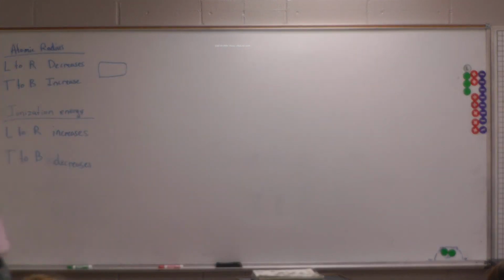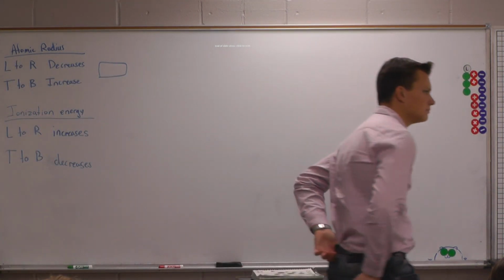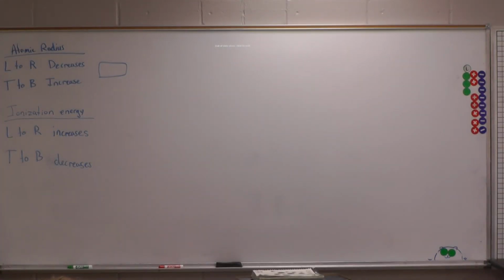Fluorine would have a strong electron affinity because, one, it only needs one to complete its full octet, and two, its electrons are a lot closer to the nucleus, so it has a stronger pull on electrons than, say, lithium or sodium. We're going to get into why the metals tend to give and the non-metals tend to take.